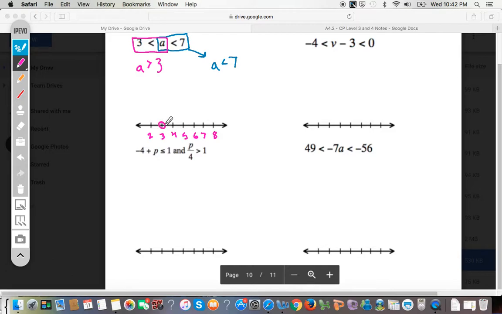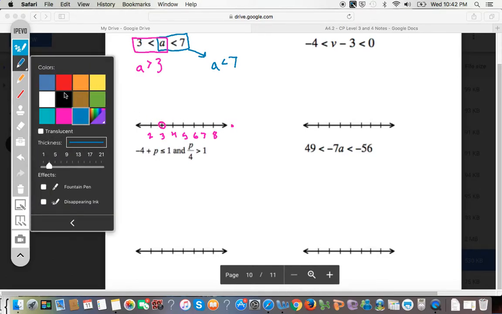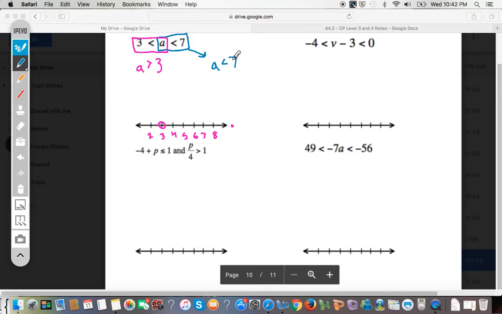I know my arrow is going to be pointing in this direction, so I'll put a little pink dot so I know I'm heading in this direction. Now let me switch back. If I have a is less than 7, I'll graph that too. I know it's an open circle. I'll put a little dot over here because a is all numbers that are less than 7 on this part of the number line.